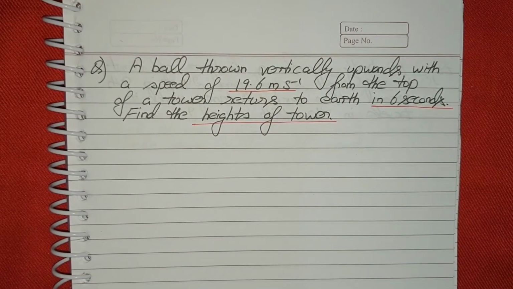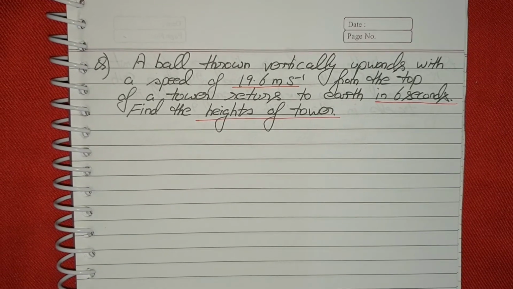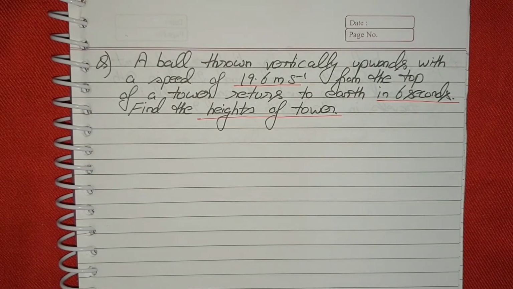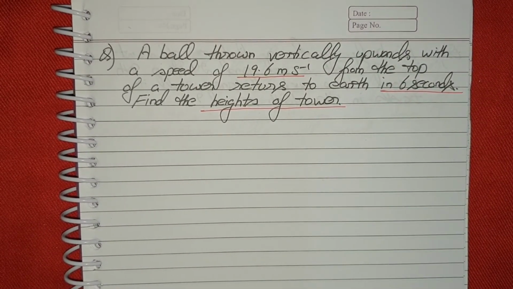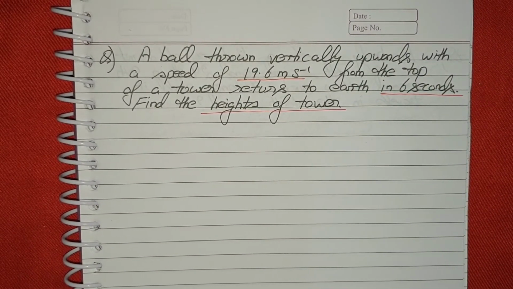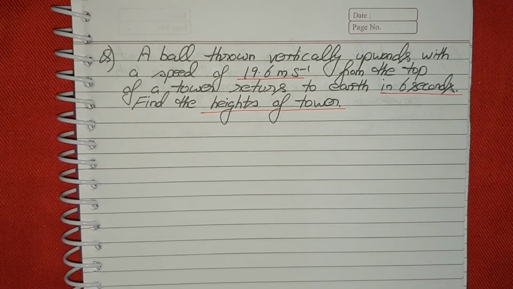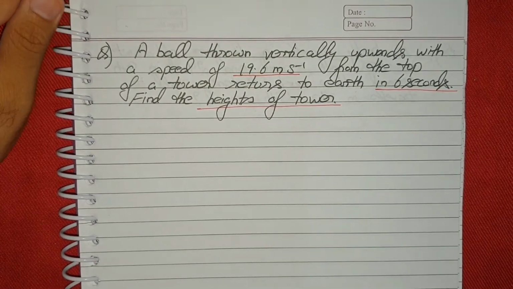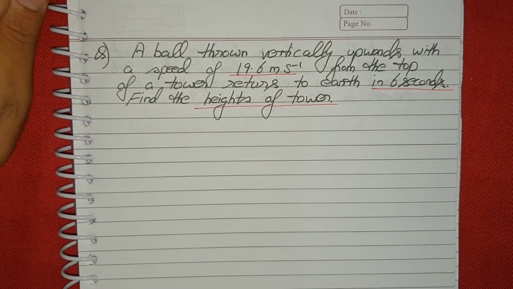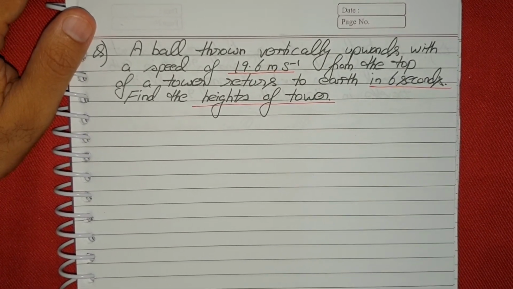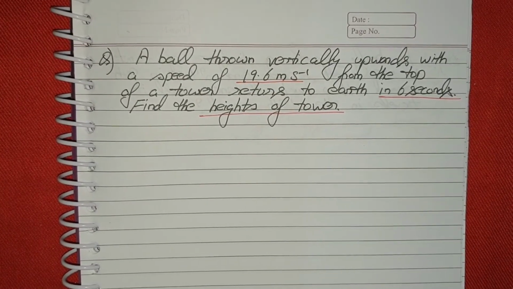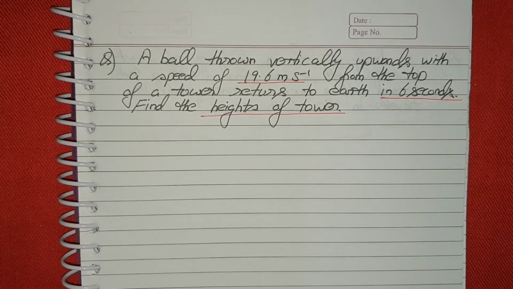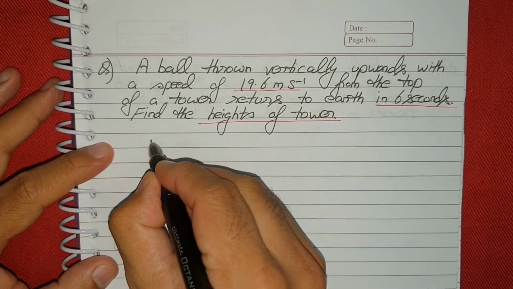See, taking vertically downward motion as positive, from the point of projection up to the ground. So what will be u?